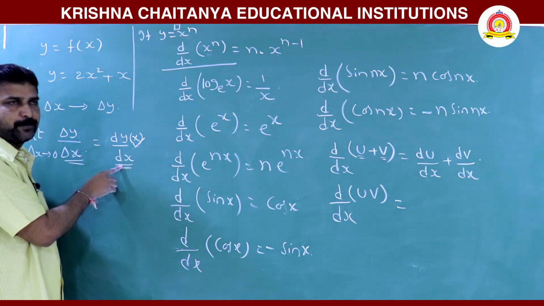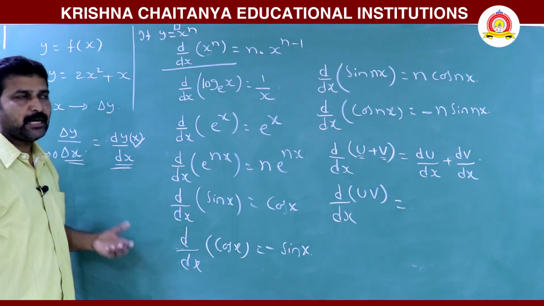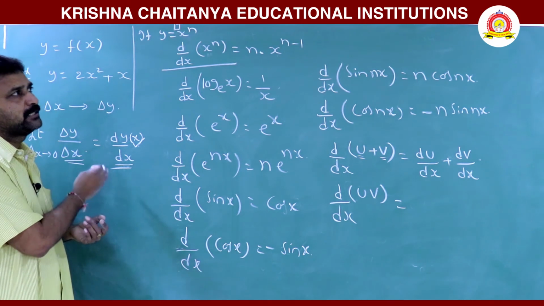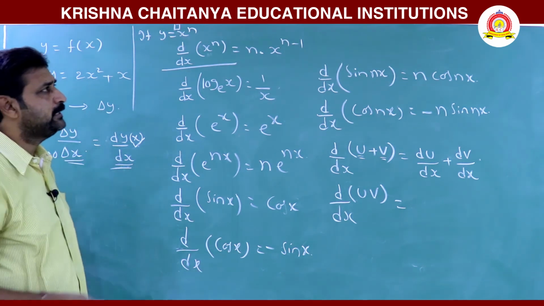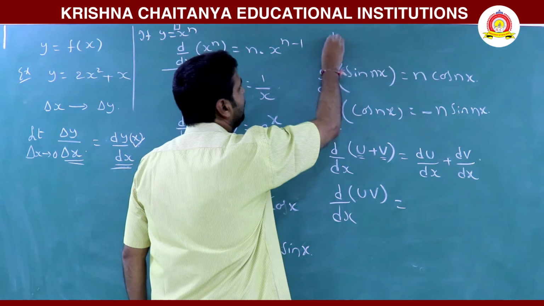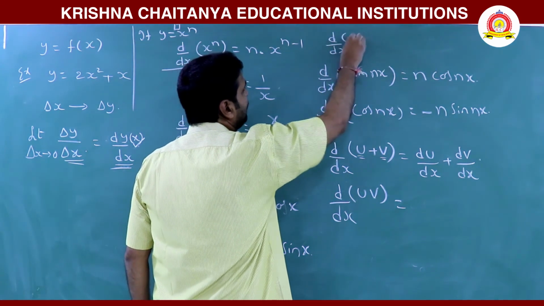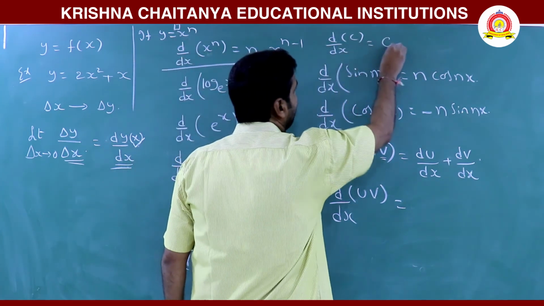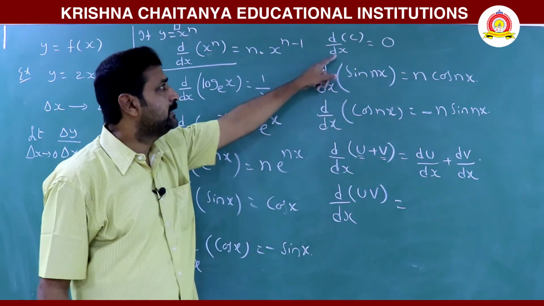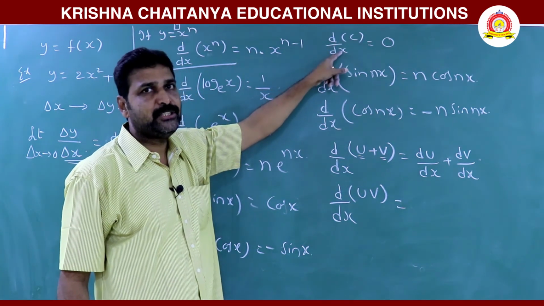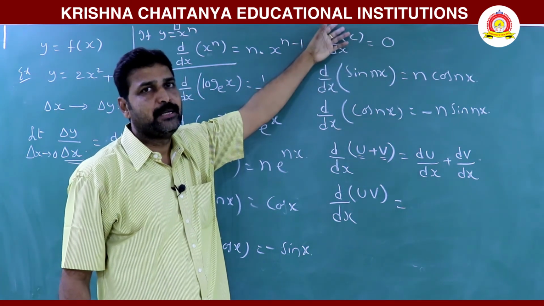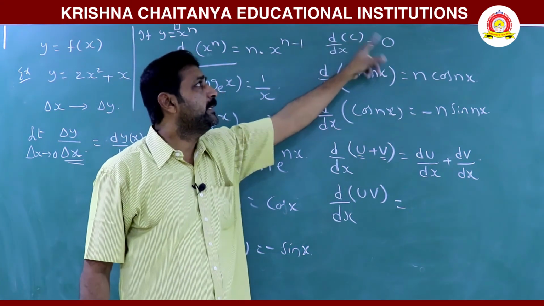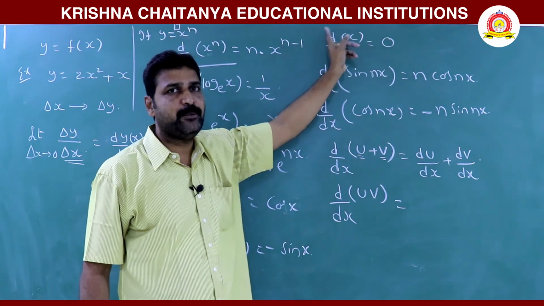If y is constant or y is independent of x, then if x changes, y does not change. That means d by dx of some constant, where y is some constant, is zero, because it is not depending on x.